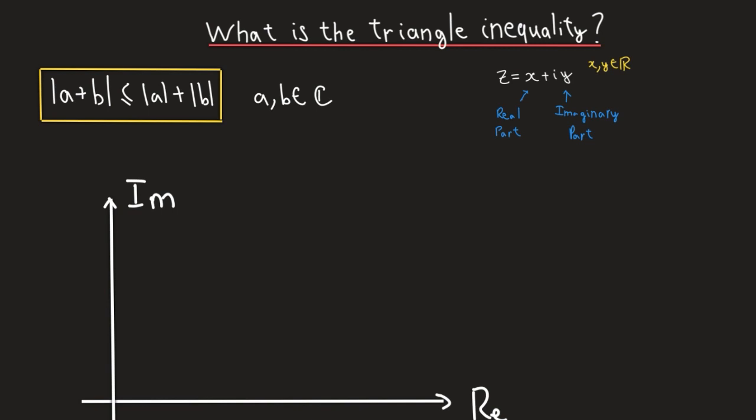So we have two complex numbers, a and b, and they each represent a vector. So for example, for a complex number a, we have a vector u associated with it. So I'm drawing here the vector u. And similarly, for a complex number b, we have another vector associated with it, which I will call v.